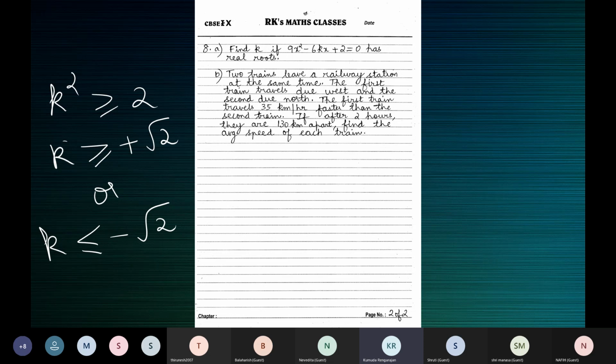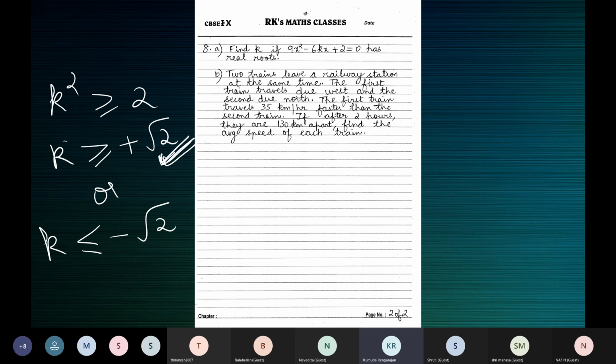That means for all values of k greater than or equal to root 2, children. Root 2 is approximately what? 1.414, right? Let's just take 1.4. So k is greater than or equal to 1.4.